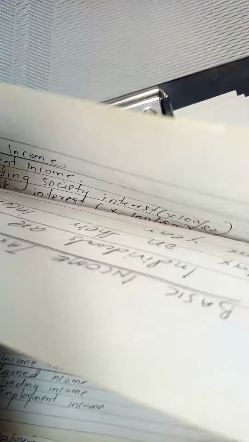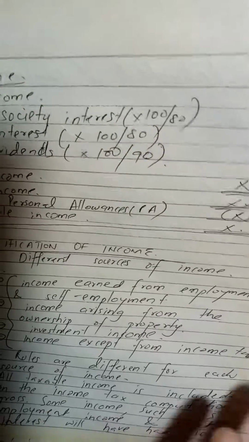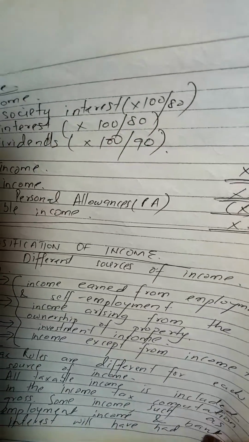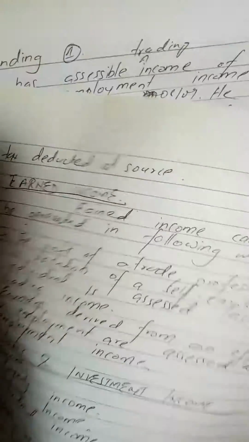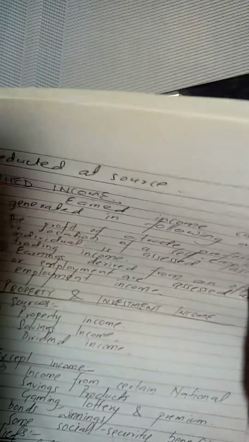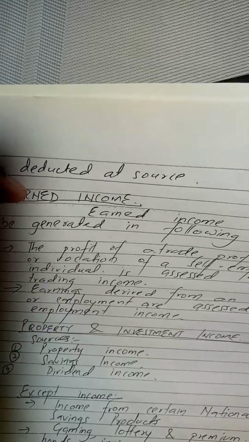The income tax computation format has also been discussed. The classification of income has also been discussed with different sources of income, and the rules for the different sources are also different. You can also have the earned income criteria, which can be generated in the following ways.